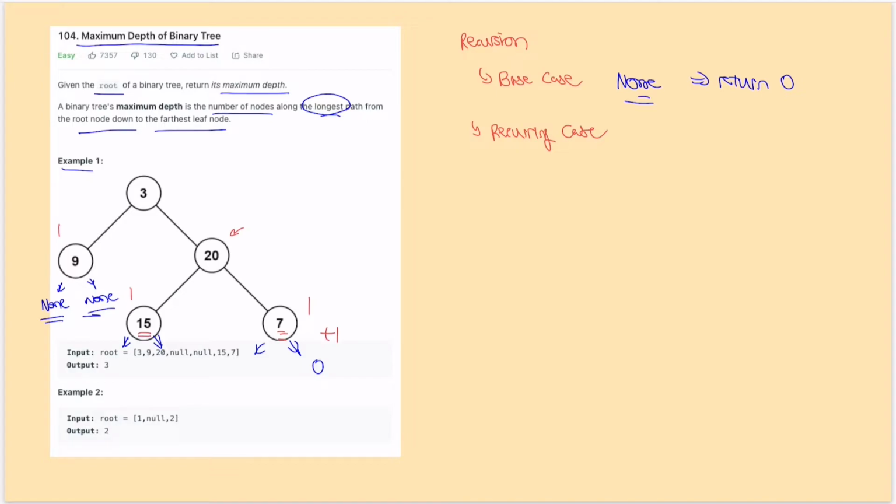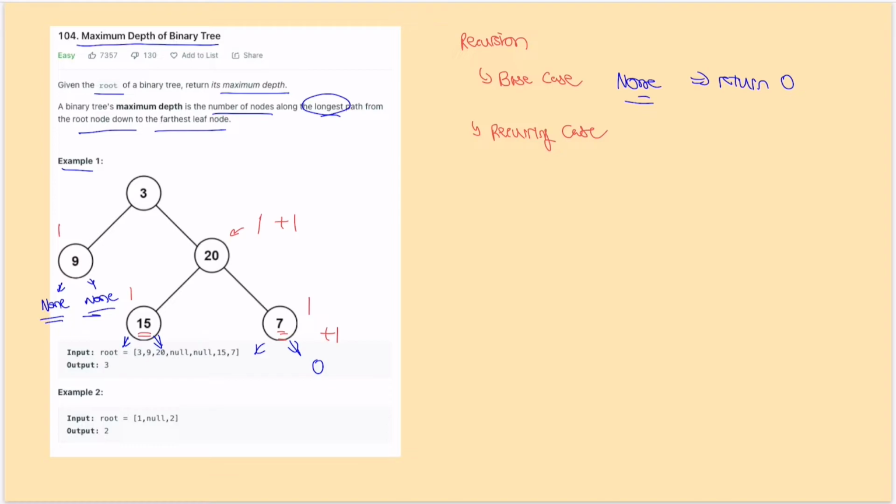What we have to do is compare and take the maximum of them, since we want the longer path. In this case, both of them are the same value, so it doesn't matter which one we take. For 20, we'll take either of its children's value and add 1 to it, since we are ascending to the next level.